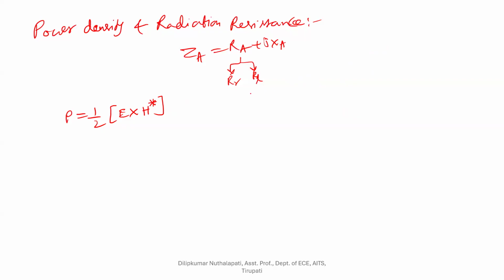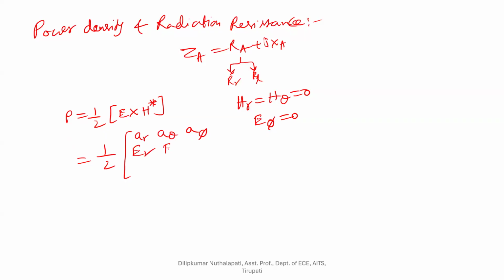So from the previous slides, the field components H r, H theta are equal to 0, and the E phi component is also 0. And we will write this E and H as a matrix representation of the spherical coordinates a r, a theta, a phi, E r, E theta, E phi, and we have H r, H theta, and H phi.